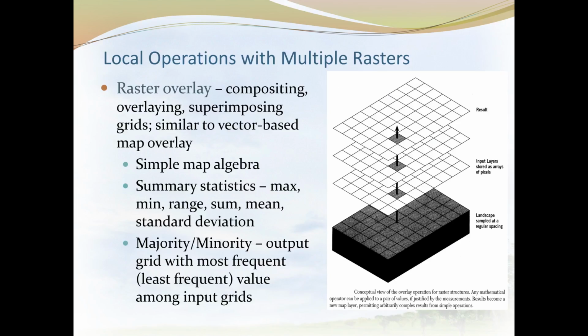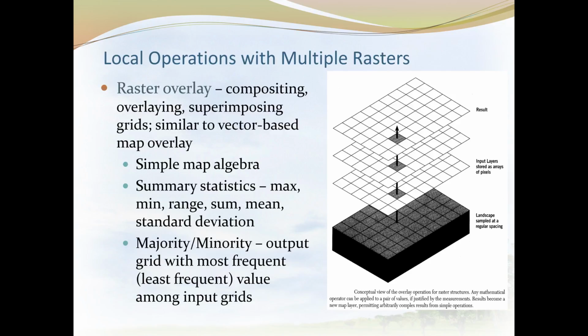And then we will talk about the local operators with multiple rasters. For the raster overlay, composing, overlaying, superimposing grids, similar to vector-based map overlay and simple map algebra, we have summary statistics like max and minimum that we did many times.